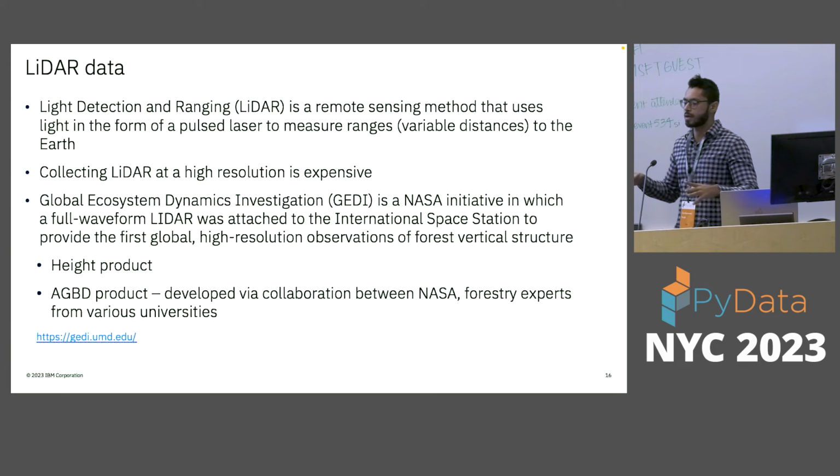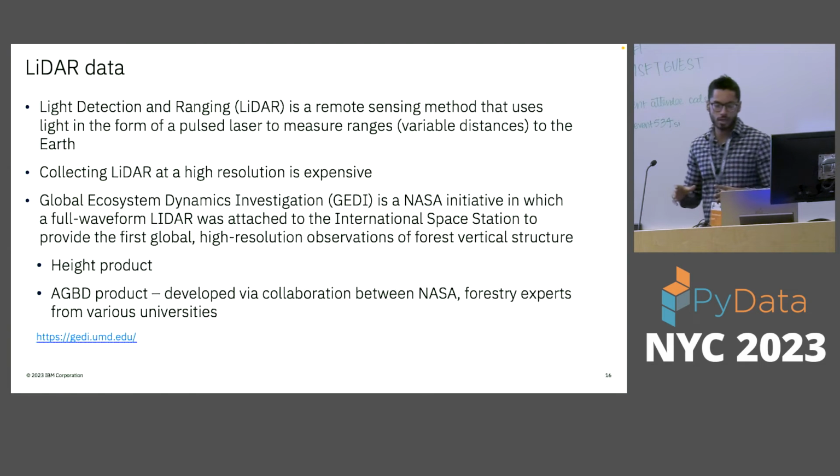So they have a map of the whole world, and it's a very useful data set that NASA started. The only thing is that it's not very dense, it's a little bit sparse, and there are some challenges with the accuracy of this data as well, which I will get into in a minute. But this data set has a few different products.